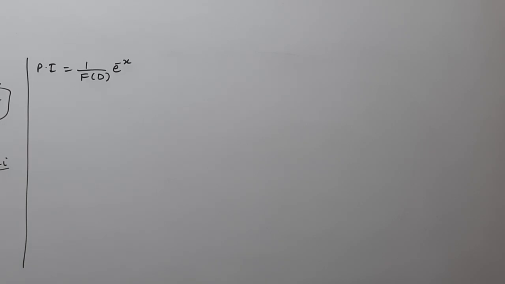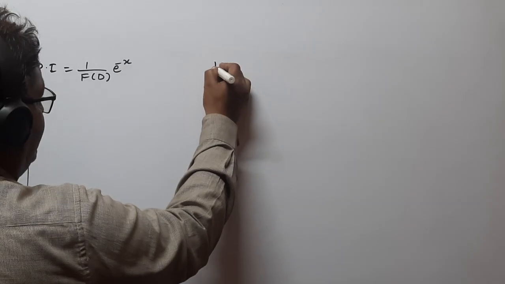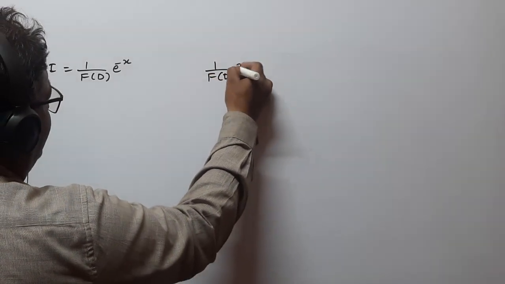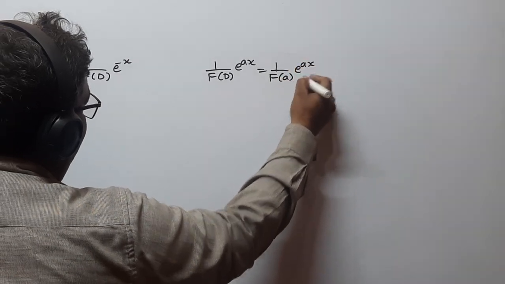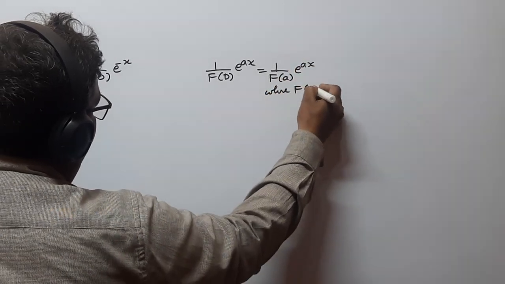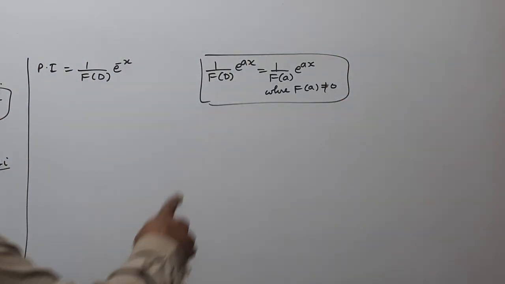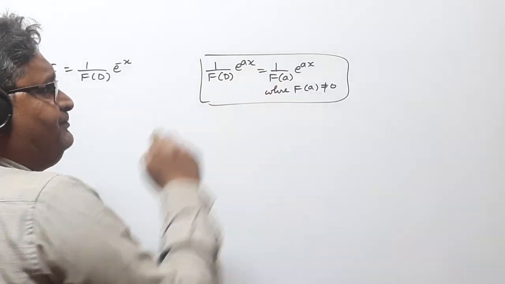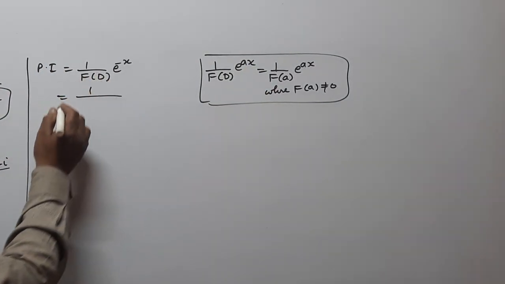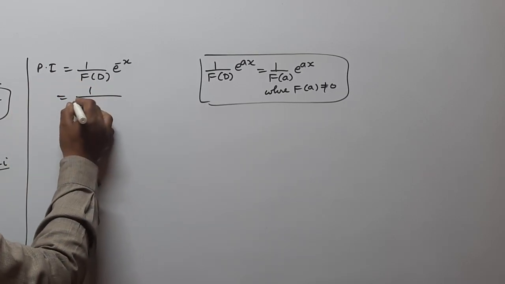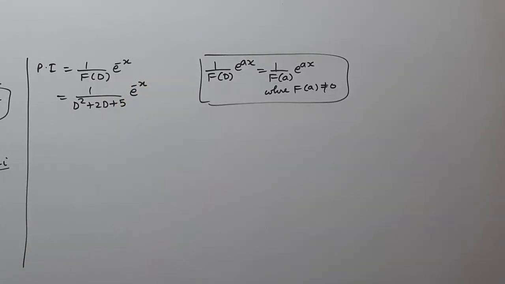You can see here a is equal to -1 because we know that particular integral of e to the power ax can be written as 1 upon F(a) e to the power ax, where F(a) is not equal to 0. So using this formula, replace D by a. So here F(D) is the given second order linear differential equation with constant coefficient. This is D square plus 2D plus 5, and e to the power -x.